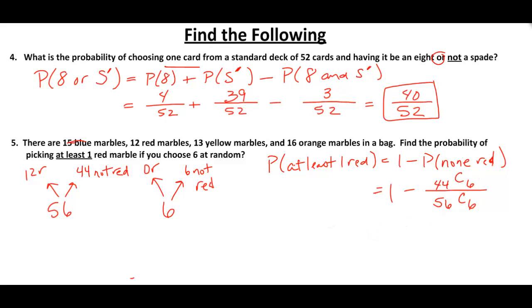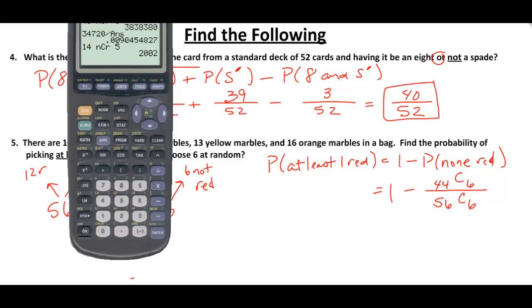So, again, you can just take your calculator. Okay, let's pull that up. Clear it out. I'm just going to do 1 minus, and I'm just going to use parentheses. I'm going to do 44 choose 6, and I'm going to divide that by 56 choose 6.